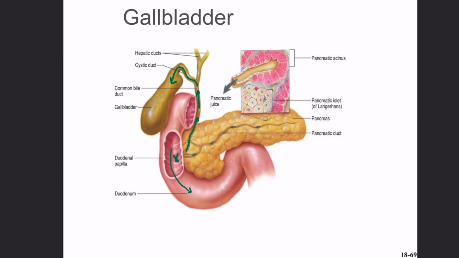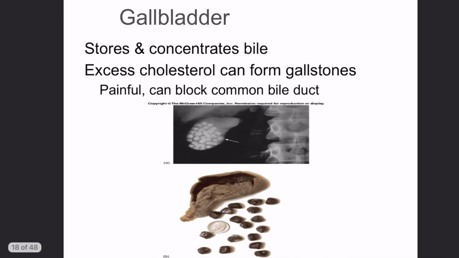That's how it goes there, even though it is produced in the liver up here. So the gallbladder is going to store bile. It also can concentrate bile. And as we said before, if there is a blockage of a bile duct, this can form a gallstone. Also, excess cholesterol can form gallstones too.